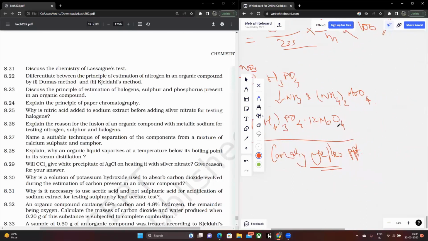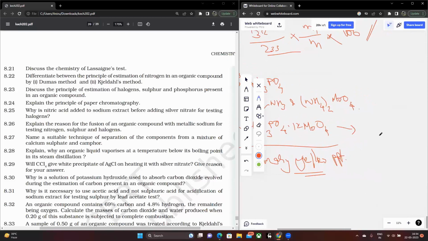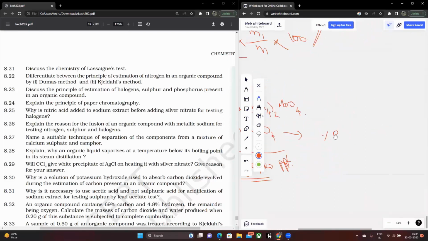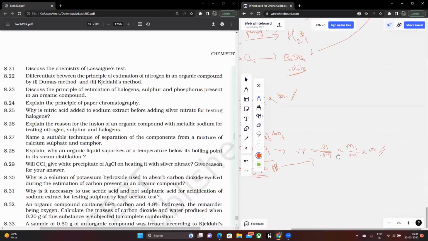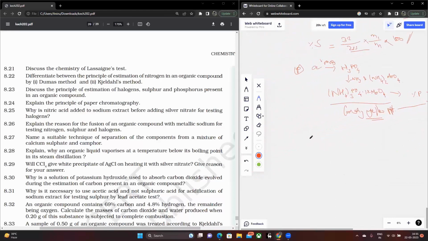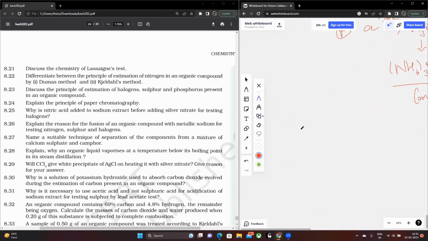And then you filter, wash, dry this out, and then you estimate the percentage of phosphorus with a formula: 31, which is the mass of phosphorus, divided by 1877. That's the molar mass of this precipitate, 1877, into M1 divided by M into 100. Those are the principles of estimation of halogen, sulfur, and phosphorus.